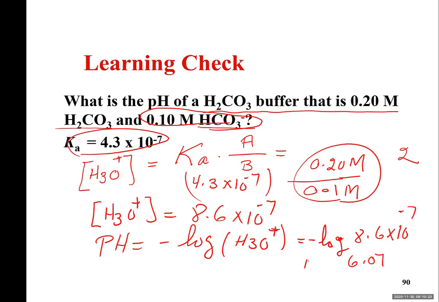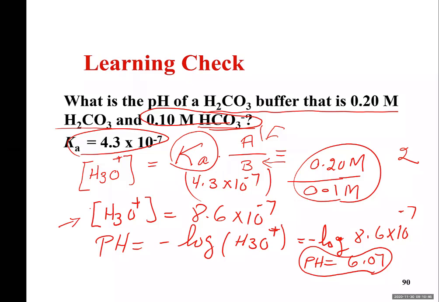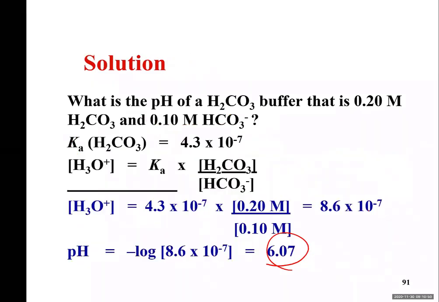So this is the pH. So you see, it's not that difficult. You need Ka, we give it to you. Concentration of the weak acid, we give it to you. Concentration of conjugate, we give it to you. Get hydronium ion and take a negative log of it. And this is the solution that we did.